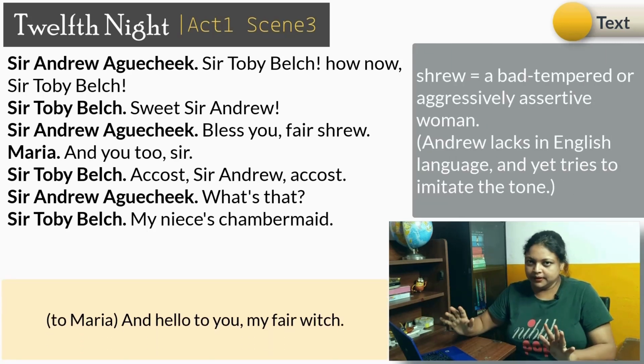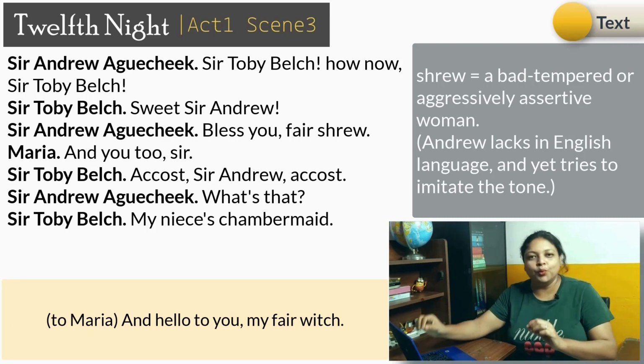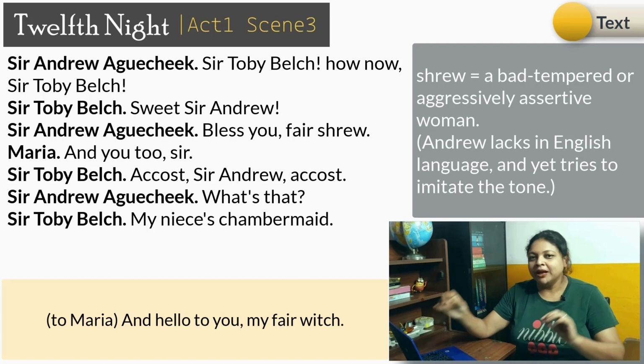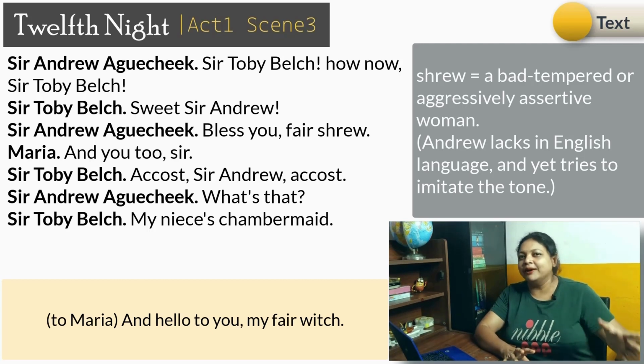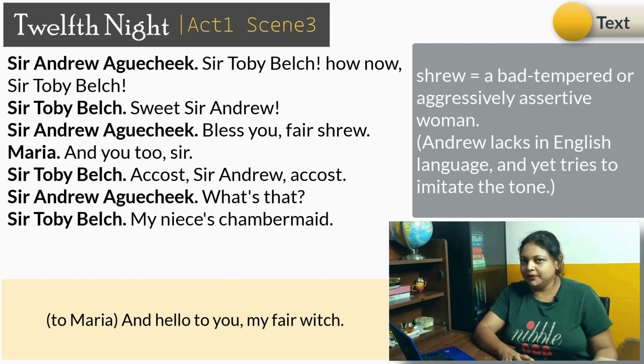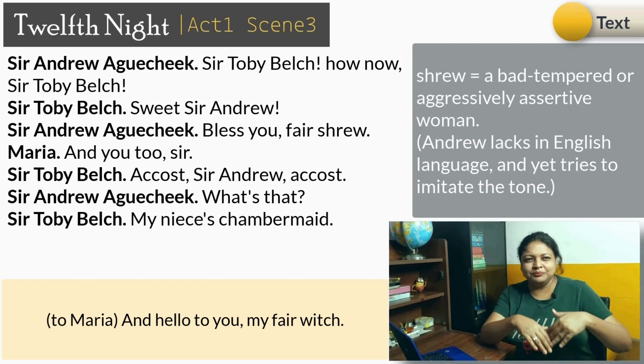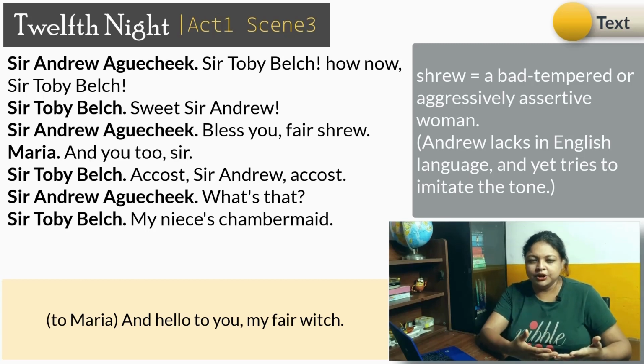He meant well. He wanted to wish her, bless you. But just look at the word he's using, fair shrew. Shrew is a slang word for a woman who is not honorable, who is not respectable. The fallen women. So it is a bad word to use when you're greeting somebody for the first time.